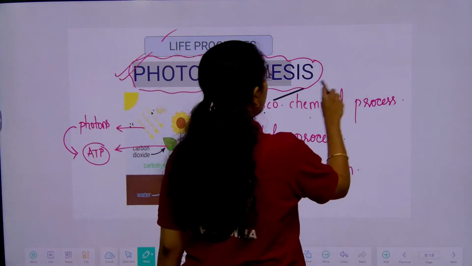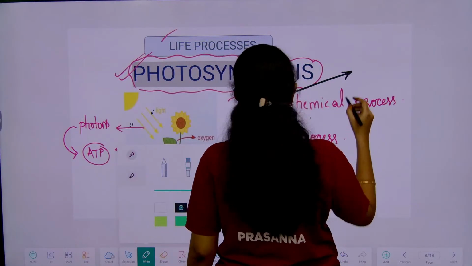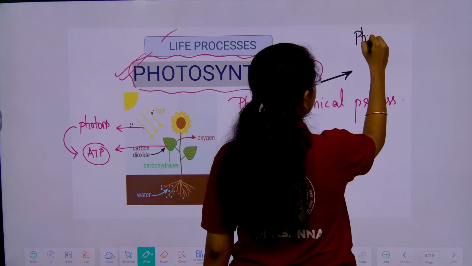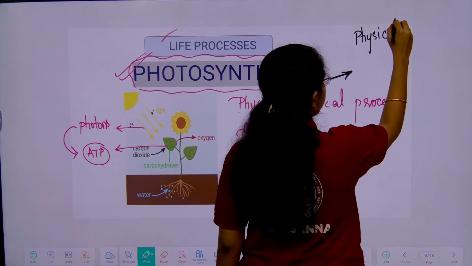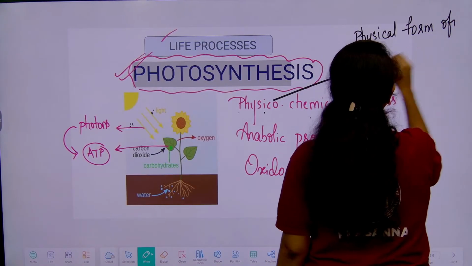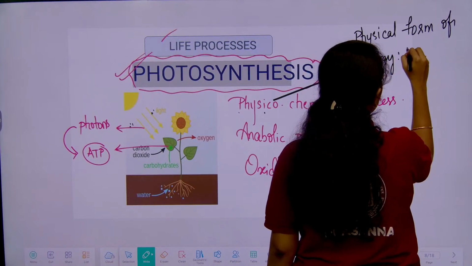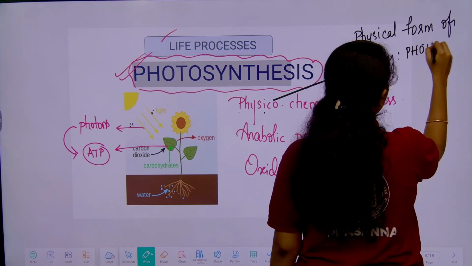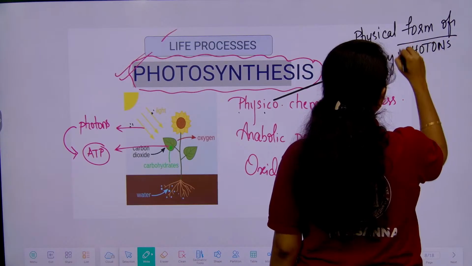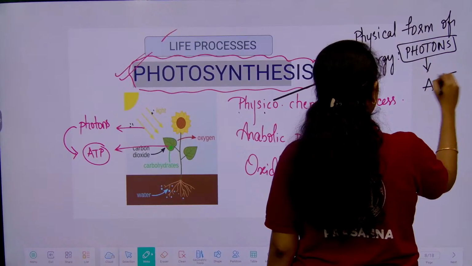Just remember, physical form of energy, which is photons, is converted to chemical form of energy, that is ATP.